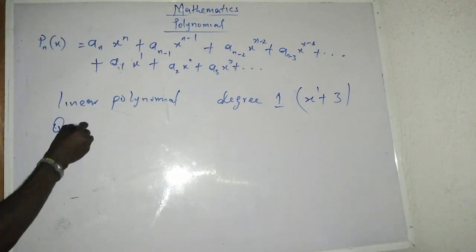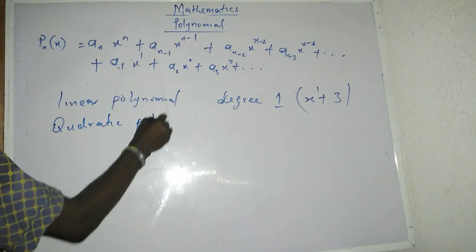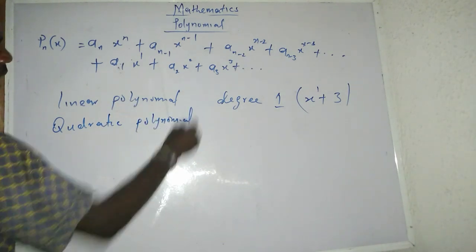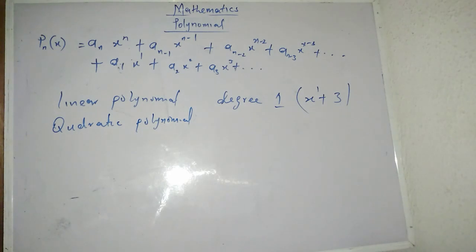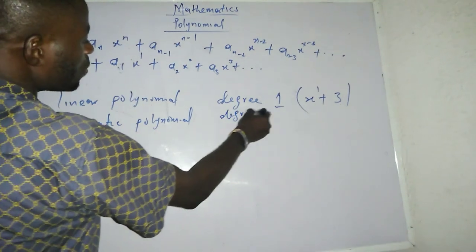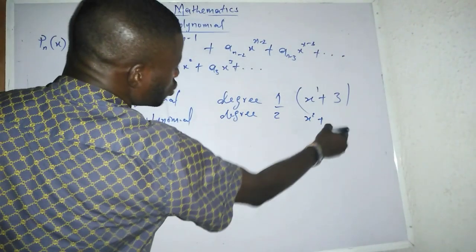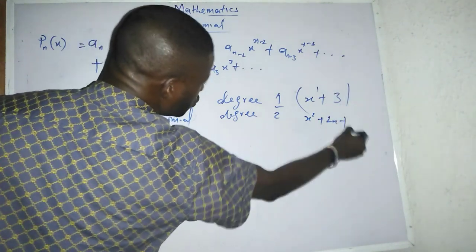I can also have a quadratic polynomial. This polynomial covers most equations. It means it's a polynomial of degree 2, which is x squared plus 2x plus 1.